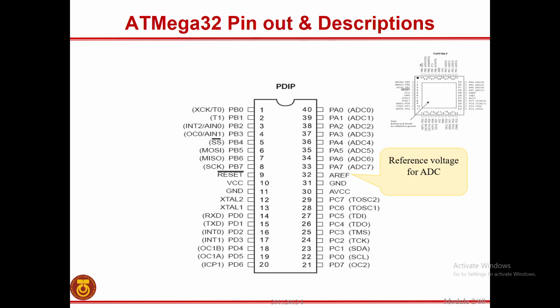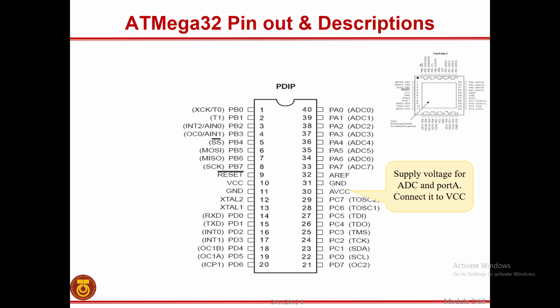And this is for reference voltage, AREF. The ports range on the A side mostly, as you can see, port A0 to port A7, and the reference voltage is also on the A side, so that's why it's referred to as the reference voltage for analog to digital converters.